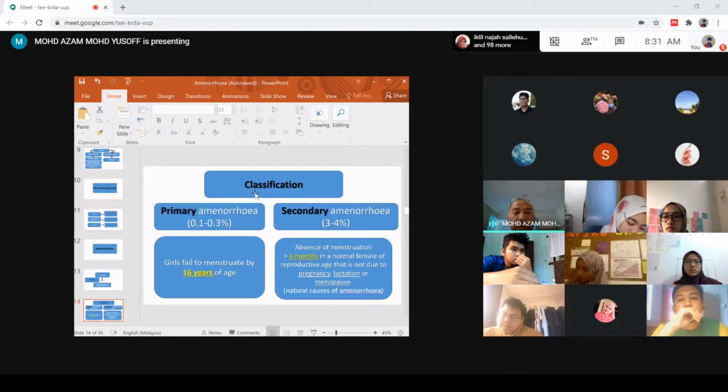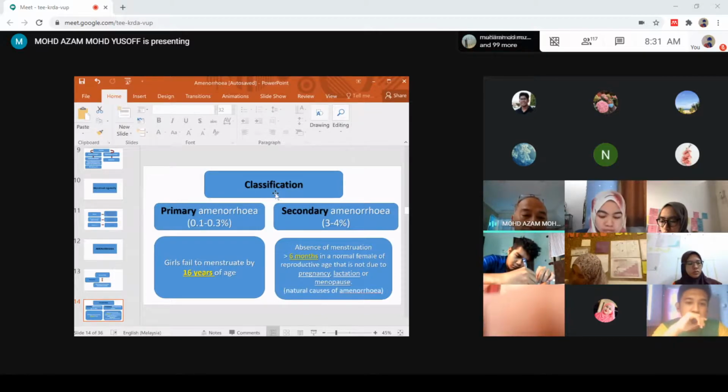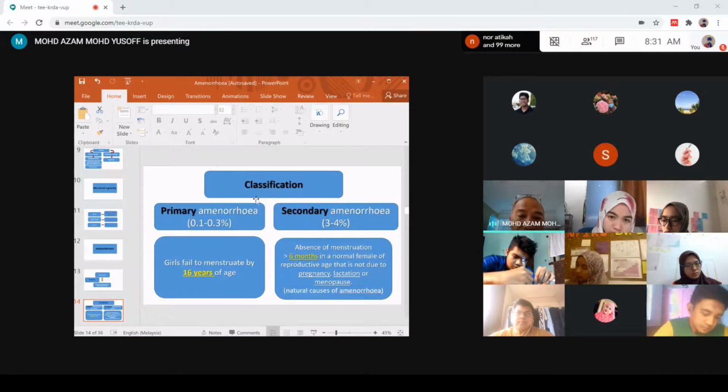So how to classify? Classification of amenorrhea. There are two. We can classify into primary amenorrhea, and the other one is secondary amenorrhea. Of these two, secondary amenorrhea is more common. The incidence is 3 to 4%, whereas primary amenorrhea is 0.1 to 0.3%.